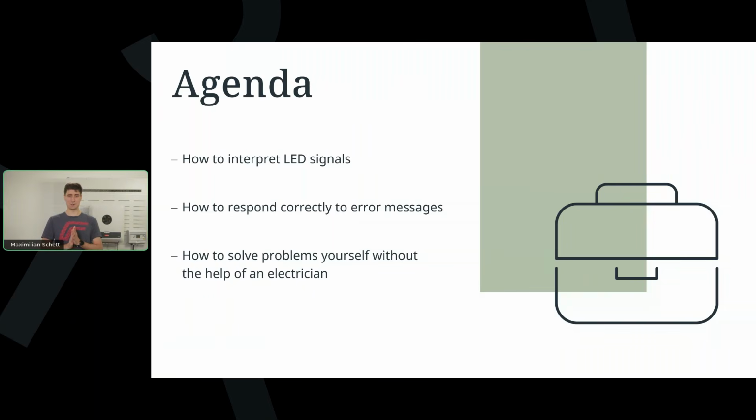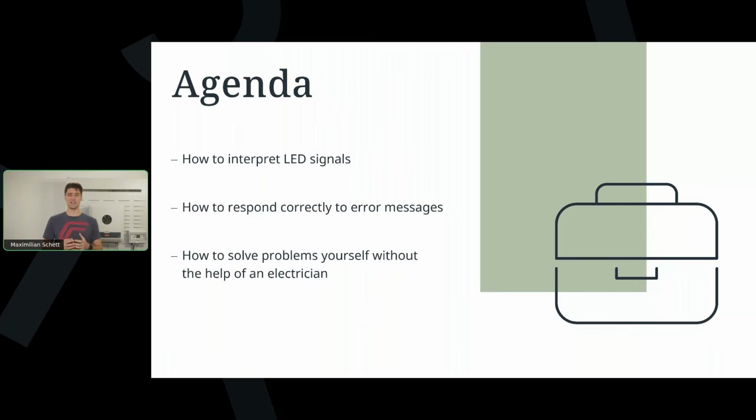Let's also take a quick look at the agenda of this webinar. Basically, we are discussing 3 points. First of all, we'll take a look at the LED signals, what colors they can have, and what those colors mean. Secondly, we will see how to correctly respond to error messages. The third point is, as I said before, especially targeted at PV owners: how to solve problems yourself without the help of an electrician.